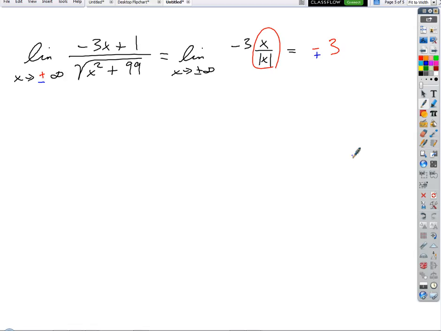So the limit as x approaches positive or negative infinity comes back as negative or positive 3. Right? Got it? No big deal. Okay. One more. You get this. You're good.